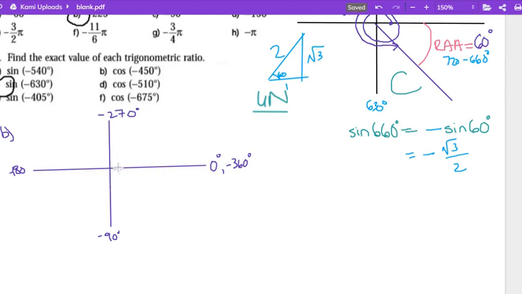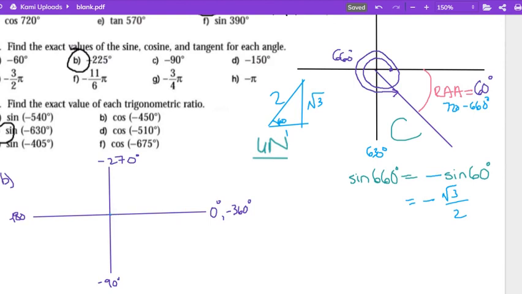So if I got negative 225, that means I'm somewhere here. And I have to draw this line, and I have to label it as negative 225. Okay, that light blue stuff has to happen.